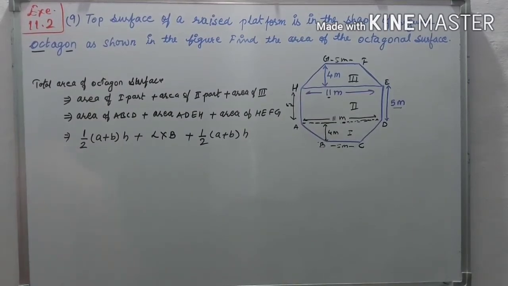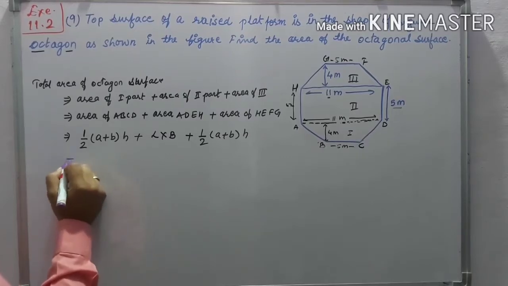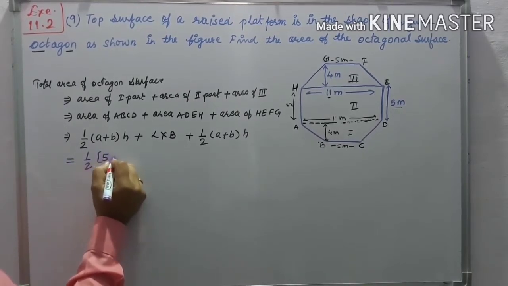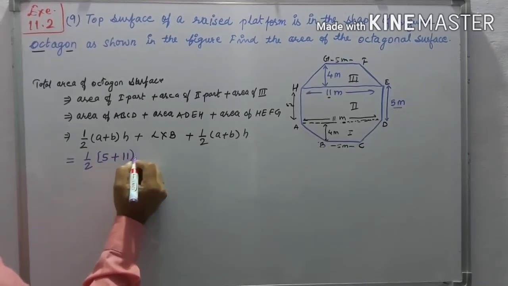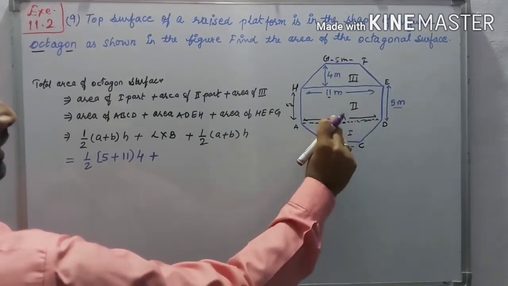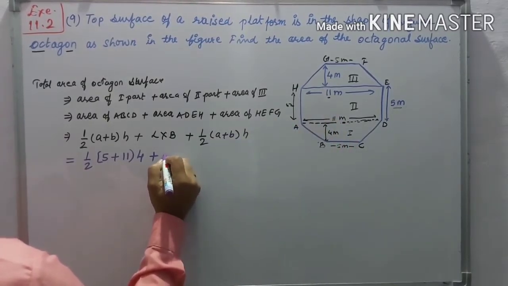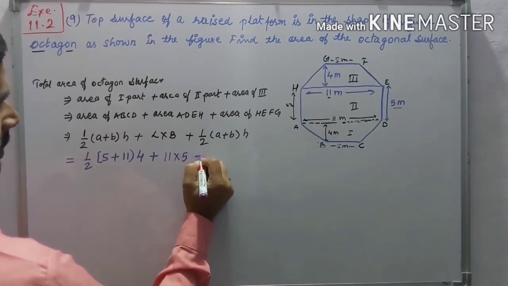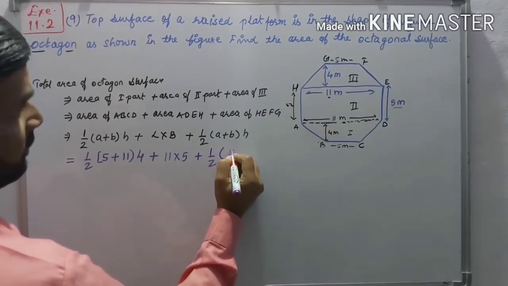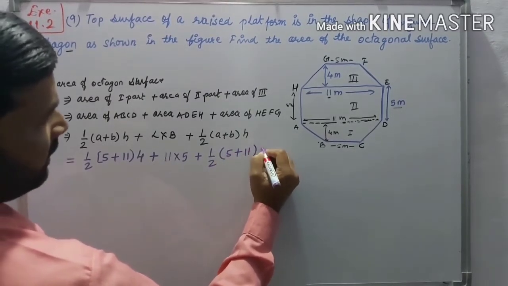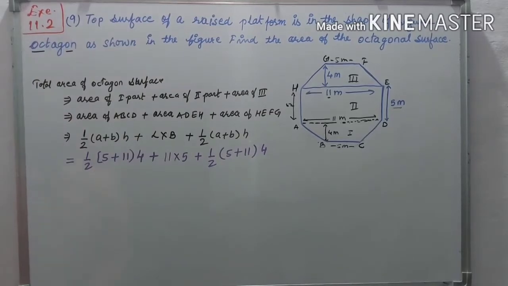Okay, now put the values. 1/2, value of a is 5 and value of b is equal to 11 and value of h is equal to 4. Here l is 11 into 5 plus again 1 upon 2, value of a is 5 plus b is 11 and h is 4. Now solve.